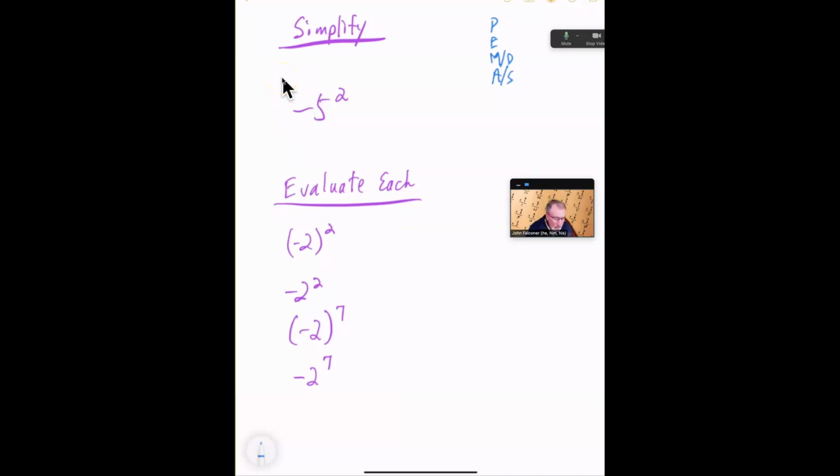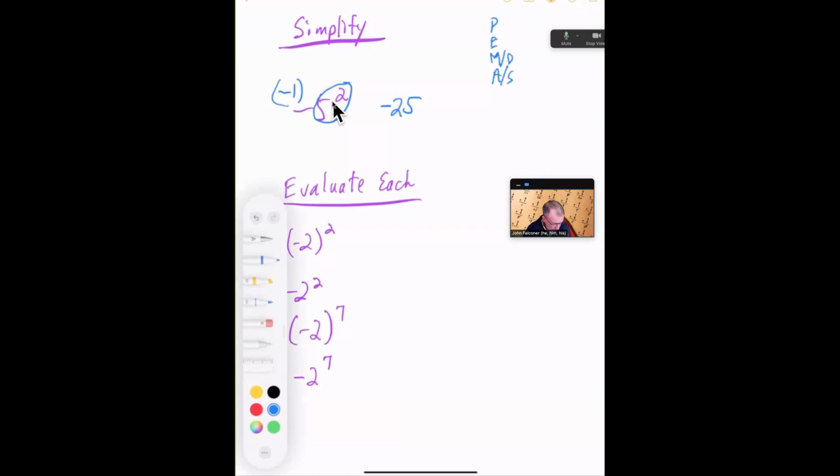So 5 squared is 25. That's what we do first. And then we apply the negative sign. And sometimes when there's a negative sign in front of a number, it's easier to think of that as a -1 times whatever it's being applied to. So if you think of it this way, we are going to do our exponents first.